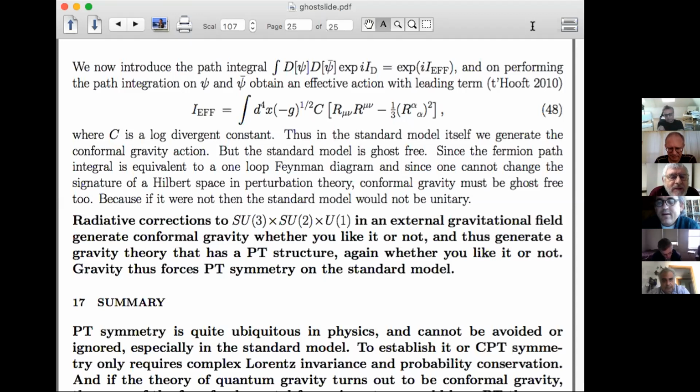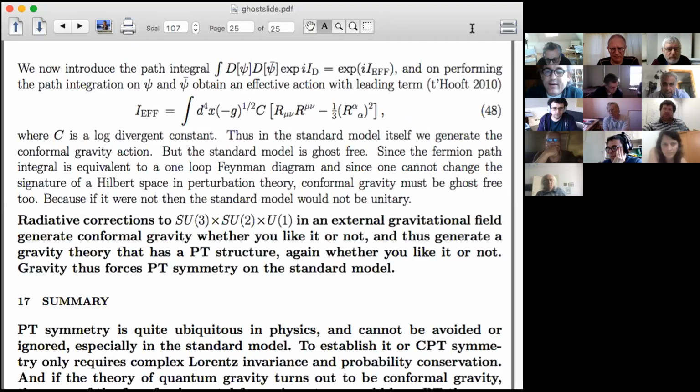Yes. Philip, there were several attempts to make theories finite by just taking delta functions as propagators or principal values, which is like a linear combination of propagators with complex masses with negative and positive imaginary parts.